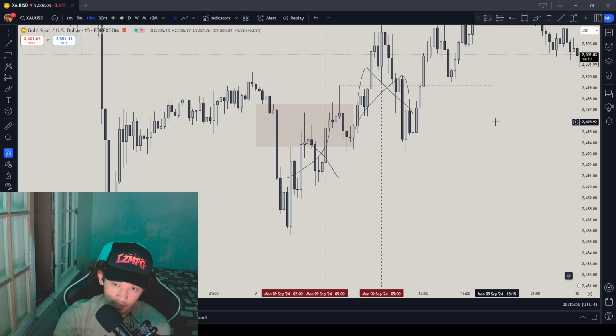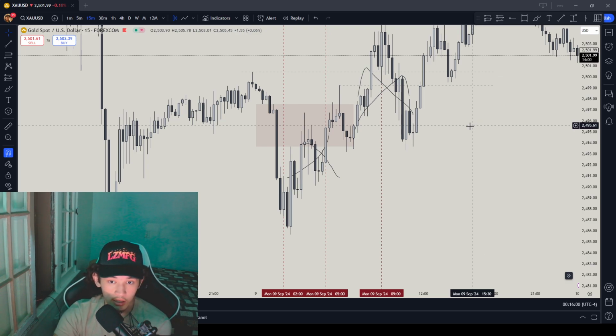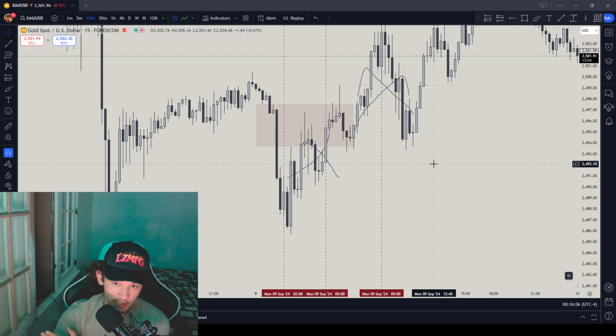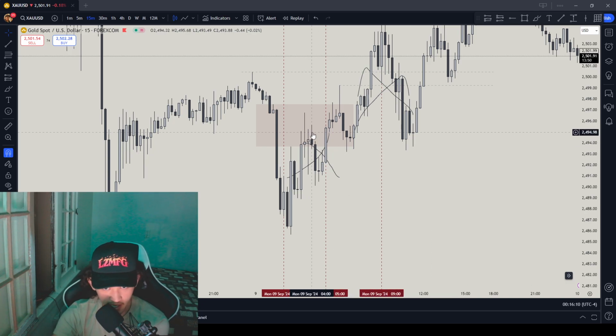Then I look for execution. The second choice you could do is let it get touched, then see what the market does. Don't touch the market. Like, I'm not going to enter this, let's see how this goes. Just imagine that you have an entry there. You would probably have had an entry there.